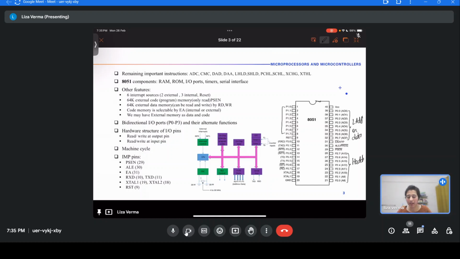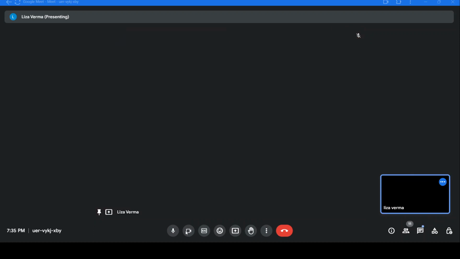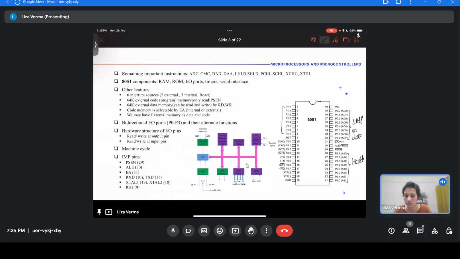Now think, you know the size of the internal RAM, right? It is 128 bytes, so it cannot have 0007.